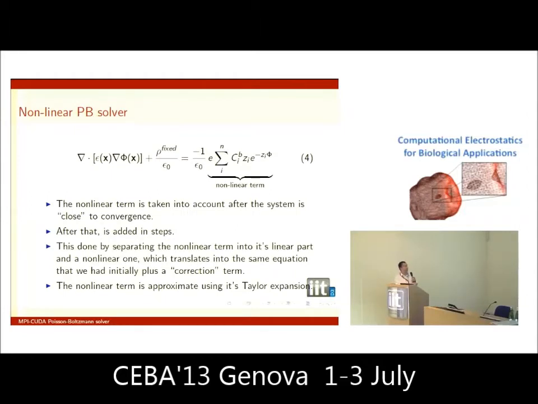And for the nonlinear Poisson-Boltzmann, the nonlinear term can be separated into a linear part and a nonlinear part, so that we can get close to the solution using the linear term, and we can use the solver that we already have.